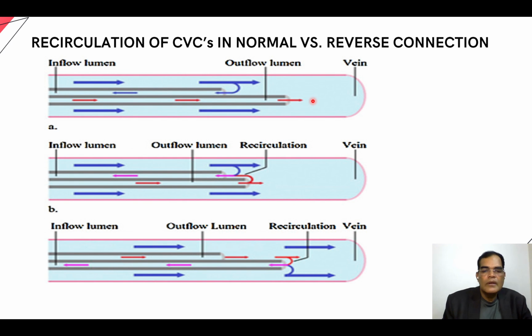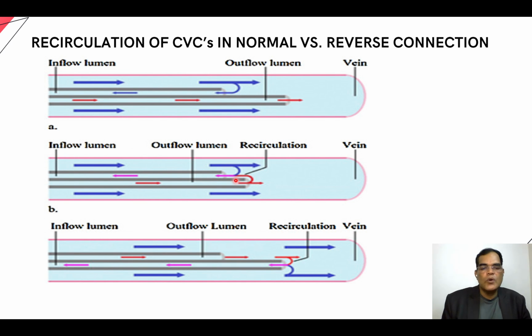Whereas in some catheters, or some makes or some companies' products, suppose this distal end is shorter. If you see here, there is a visible difference: here this is a longer portion, here it's a smaller portion.